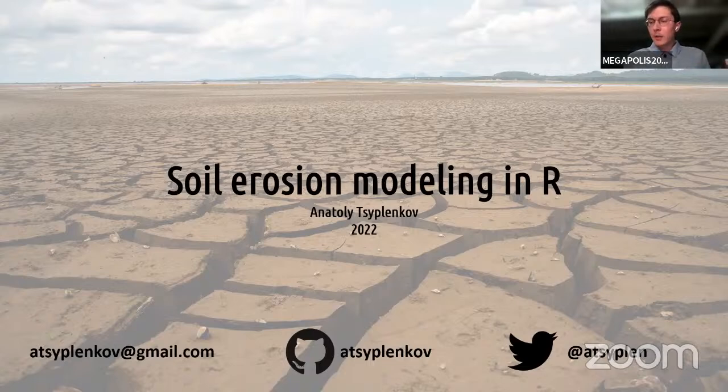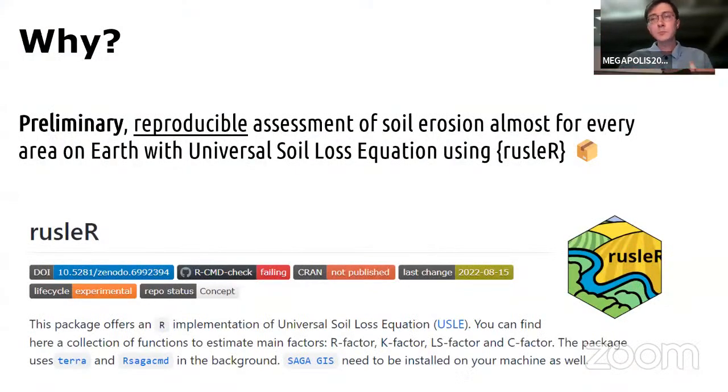So let's begin. First of all, I wanted to talk about why we should care, and why we decided to arrange this workshop. Our main aim for the next hour is to show how anybody using R can make a preliminary and reproducible assessment of soil erosion, almost for every point in every area on the Earth.